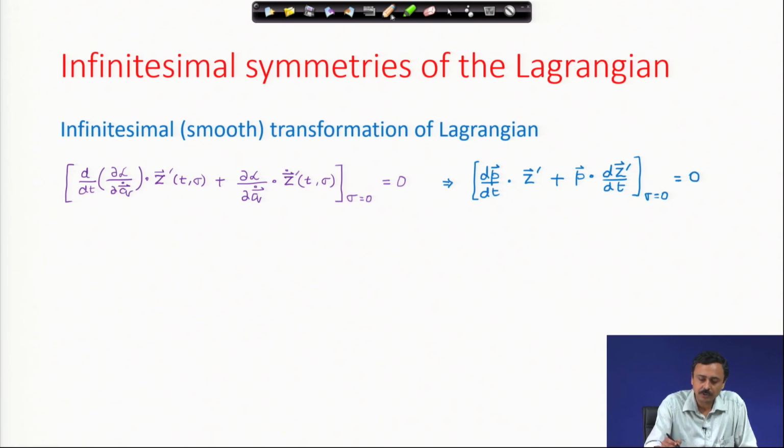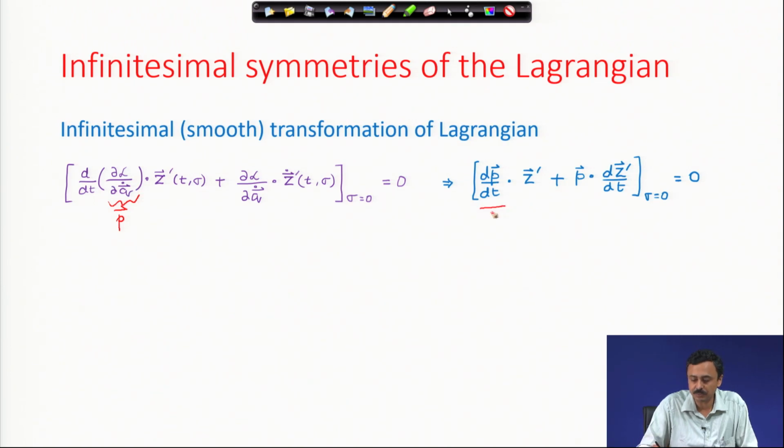Now, you know that this term is nothing but the momentum conjugate corresponding to the coordinate q. So, ∂L/∂q̇ vector is the generalized momentum vector.